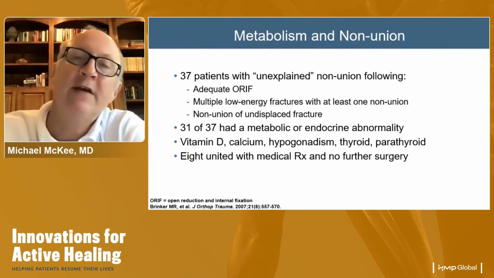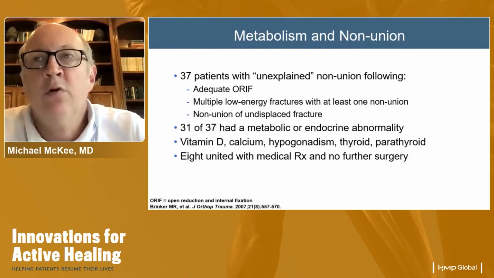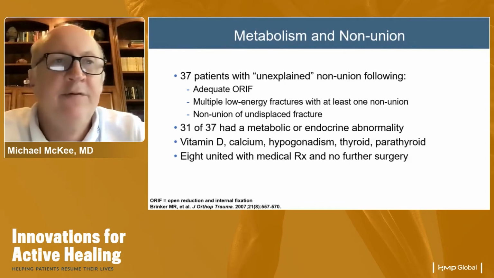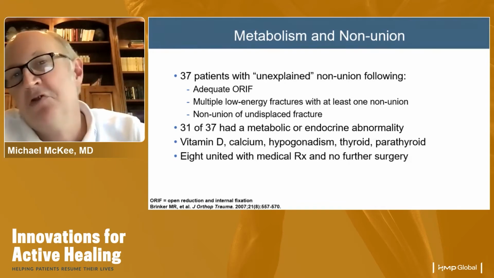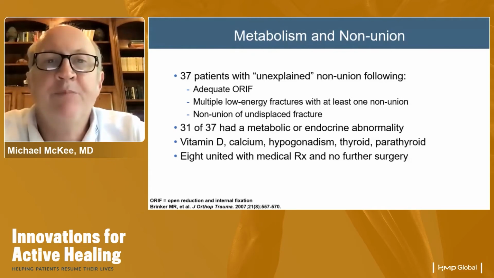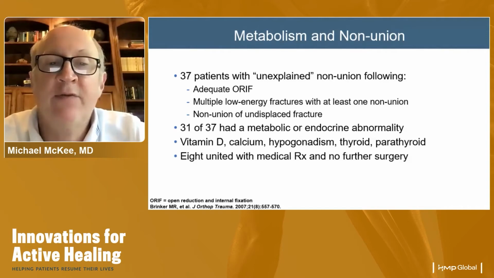So if you look at the 37 patients he identified, they all had non-unions where, if you looked at the original x-rays after fixation or initial treatment, you said, will this fracture heal? You would say, yeah, it should heal without any difficulty. When they went on, they didn't. And so he tried to look at, why didn't these fractures heal?